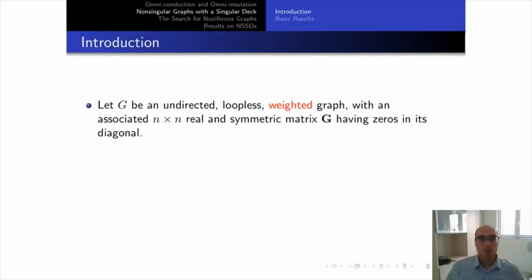To do this, we need to introduce what we call non-singular graphs with a singular deck. And these graphs are not simple because they have weighted edges. The reason for this will become clear later.